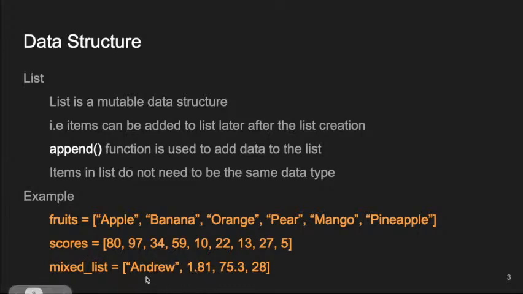The first item on this list is Andrew, and then we have some floating point numbers, and then finally we have an integer. So in Python you're allowed to have this type of list. In your labs, as you declare these lists, feel free to print them. So you can print fruits, scores, and mixed list to see what you have.